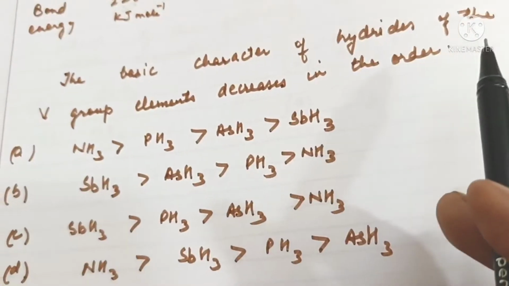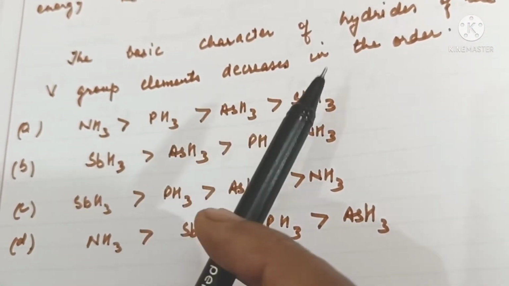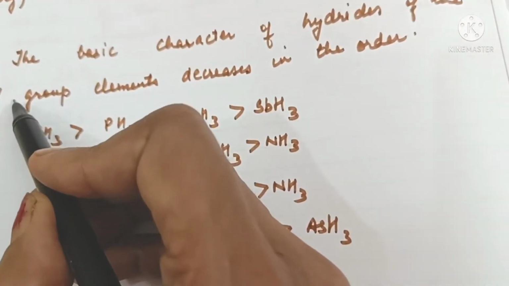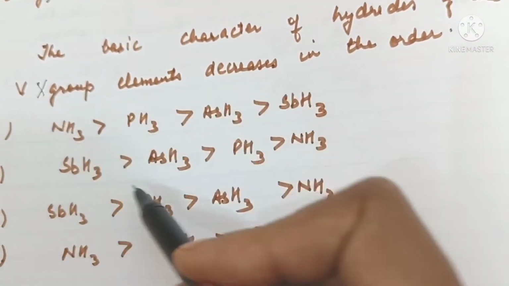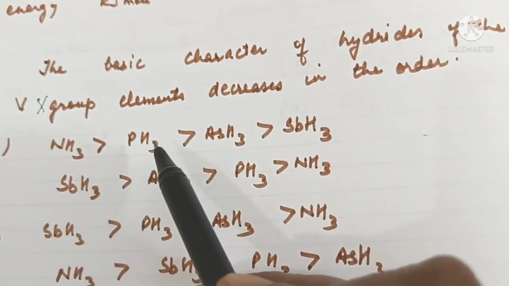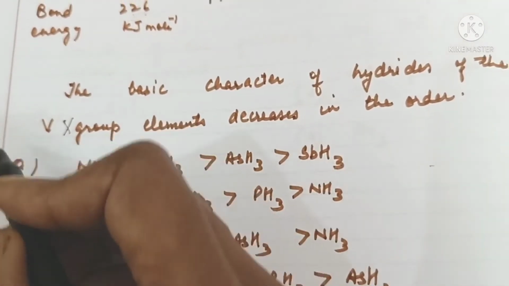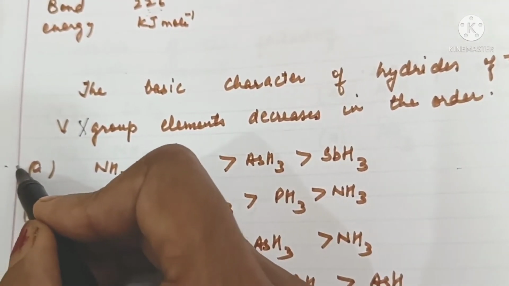The basic character of hydrides of group 15 elements decreases in the order NH3 is more basic than PH3, then AsH3, then SbH3. Option A is the correct answer.